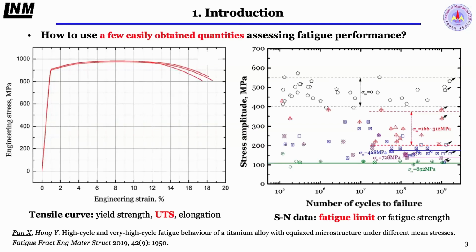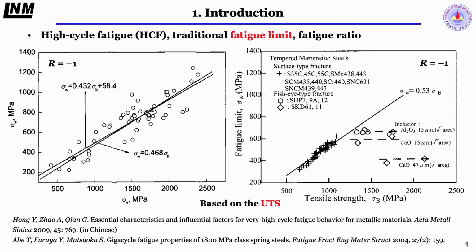With one specimen you can conduct a tensile curve, and the tensile curve usually doesn't depend on the specimen size, and has small scatter. So traditionally people just use the UTS to assess the fatigue limit, the traditional fatigue limit, and the fatigue limit always shows a linear relationship versus the UTS.